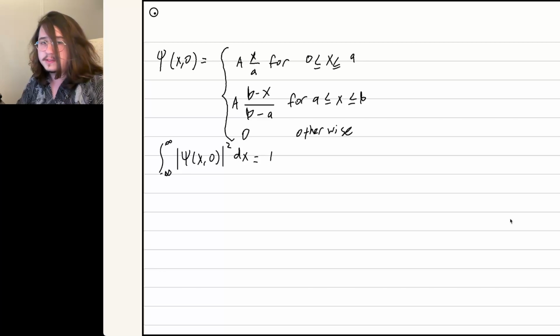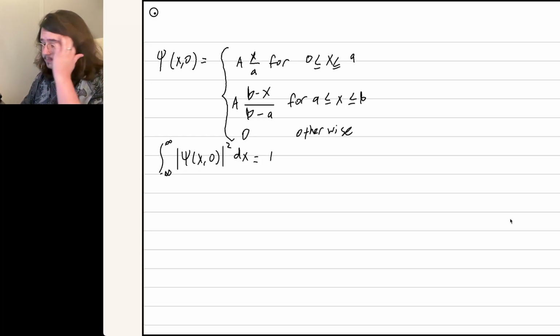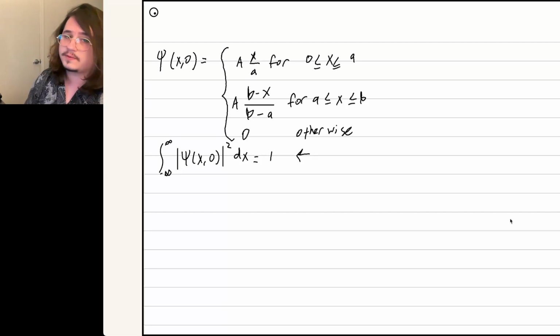We need to normalize it, so we need to find the normalization constant capital A. That is done using the normalization condition for wave functions in position space: the integral over all space of the square modulus of the wave function is 1.